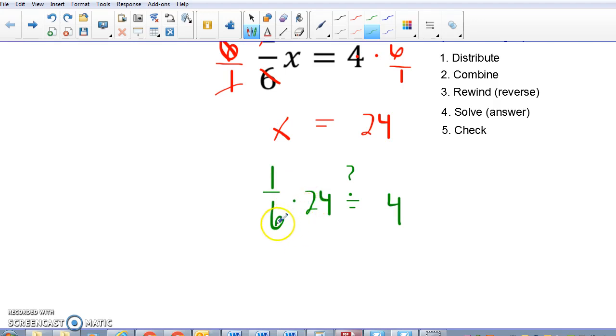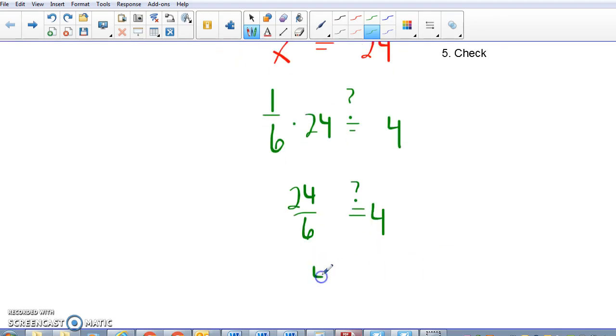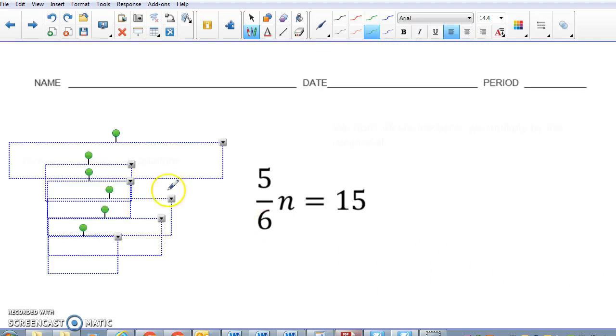And 24 divided by 6 is 4. Check. Alright, let's try the next one.